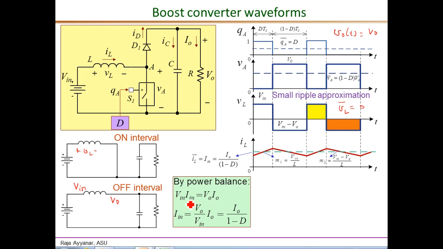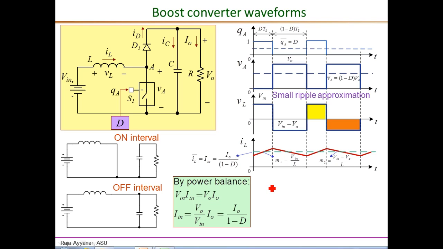Therefore In is Vo over Vin times Io, but Vo over Vin is nothing but 1 over 1 minus d. Therefore In is Io over 1 minus d. So that is the average value of the inductor current. Once we know this average and the slopes, then we have the complete waveform for the inductor current.